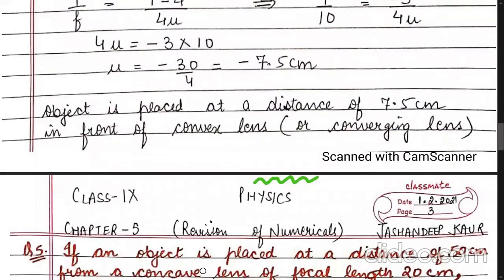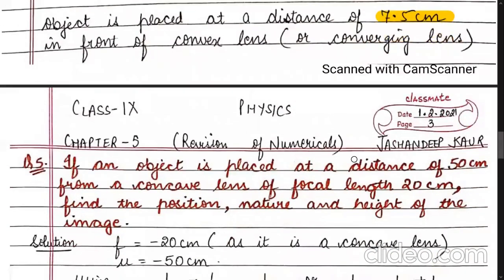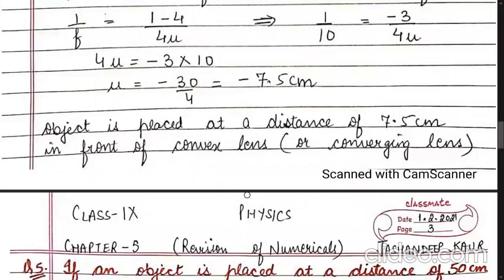So students, the object is placed in front of a converging lens at a distance of 7.5 centimeter. So these all questions were based on convex lens.